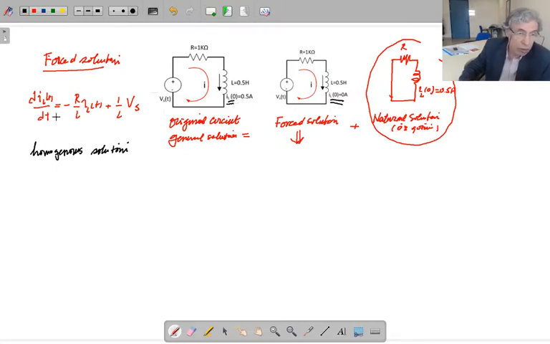So the homogeneous solution is the solution when the known function is equal to 0. So it is d iL over dt minus R over L iL equals 0. We are estimating, in this case, the homogeneous solution iL is equal to C times e to the power of minus R over L t.